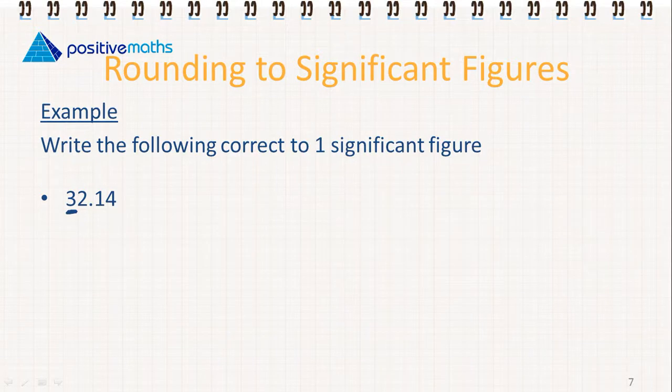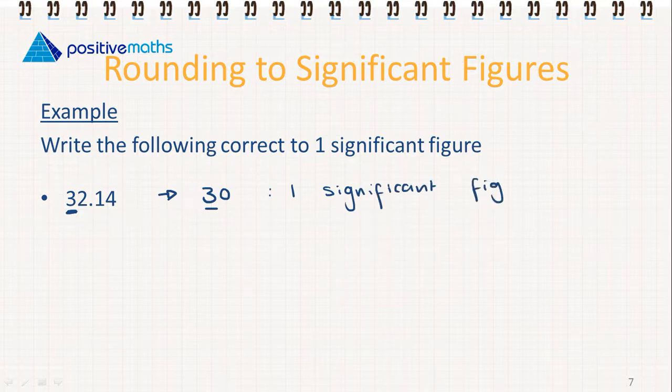That means that after this place value, we cancel all the other numbers to 0. So we rounded 32.14 to 30. Now the number that we have has one significant figure, and 3 is the significant figure.